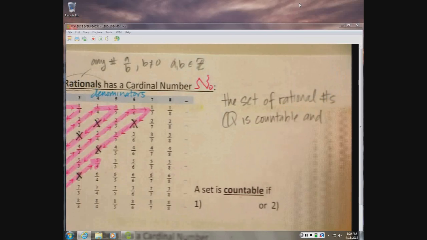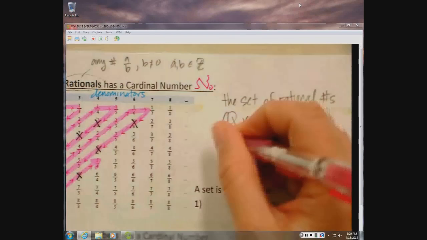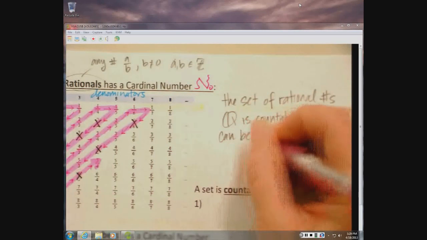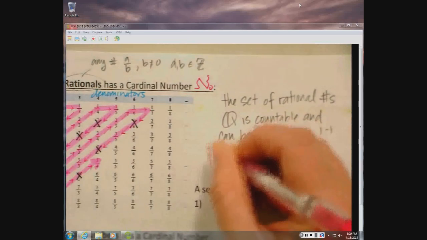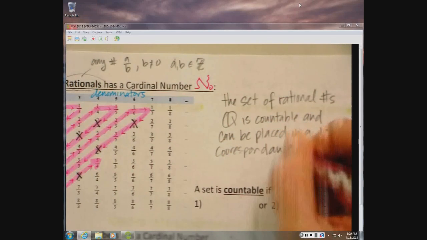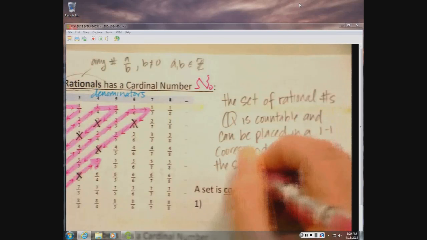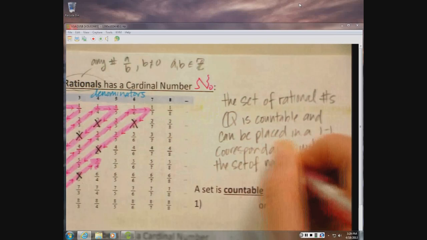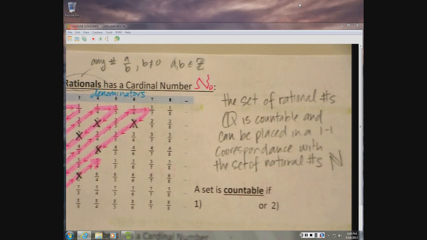And because it's countable, we can place it into a 1-to-1 correspondence with the set of natural numbers, which we abbreviate as this capital N with the double bar.